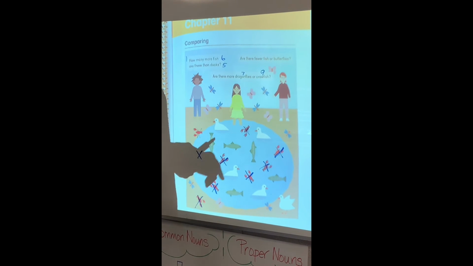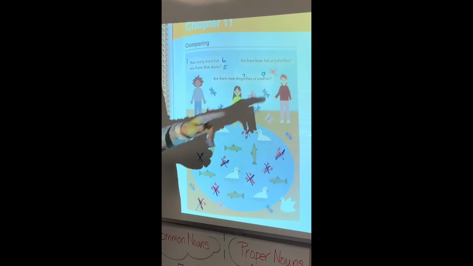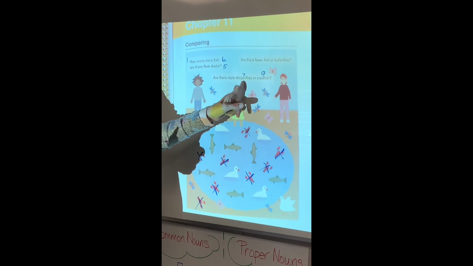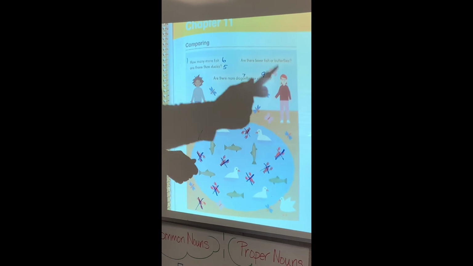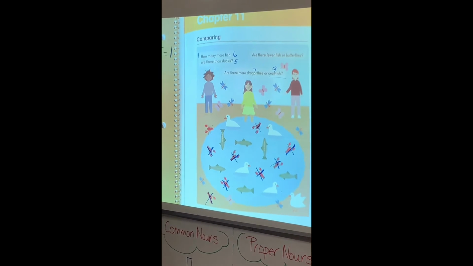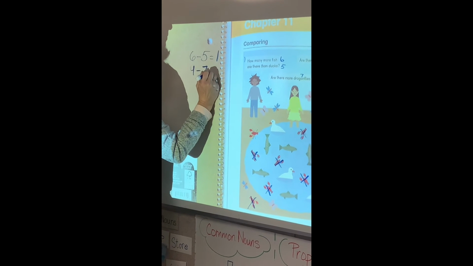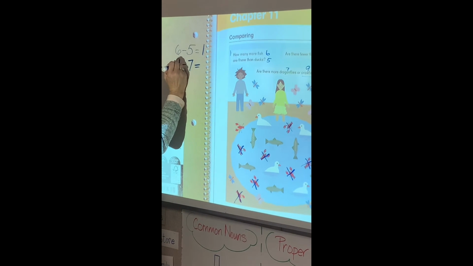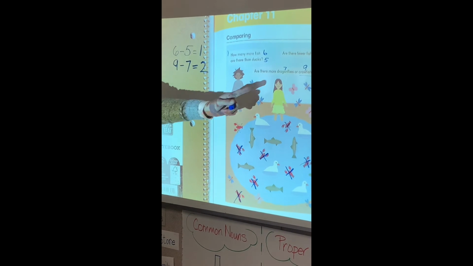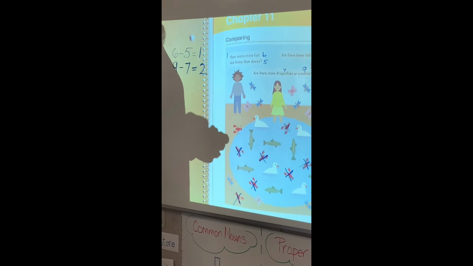It's the crawfish, isn't it? There's more crawfish. There's actually 9 minus 7. We know that is easily 2. There's actually 2 more crawfish than there are dragonflies.